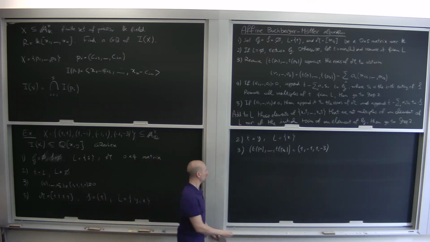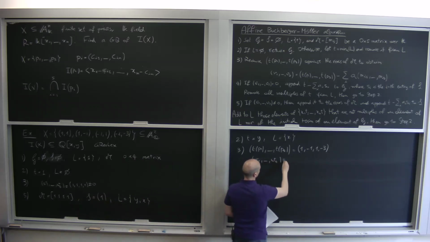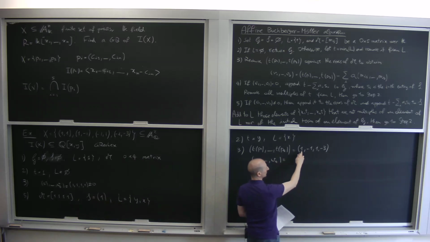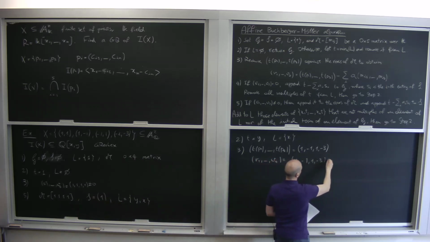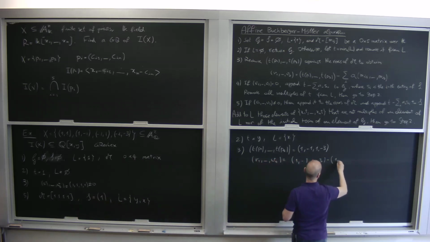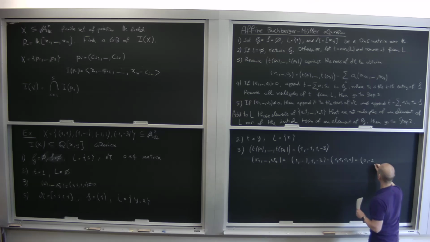Now, okay, so not a lot to do really, but the only thing we'll be able to do is make this one into a 0. So 1, minus 1, 1, and minus 3, minus the only row we have in M gives you 0, minus 2, 0, and minus 4.